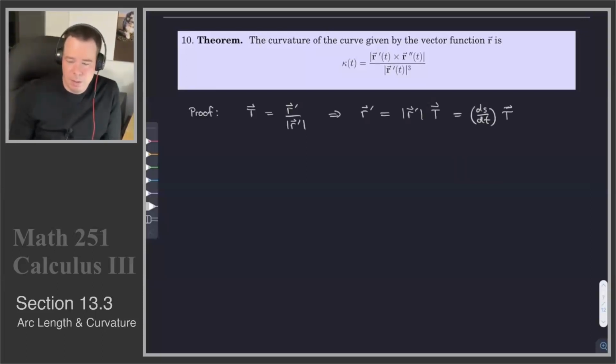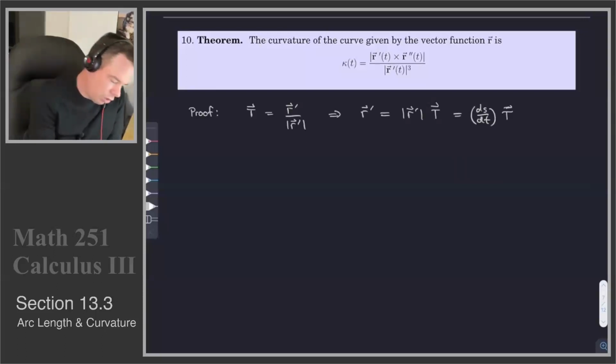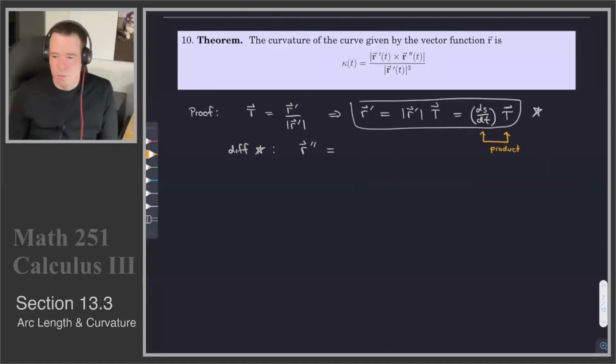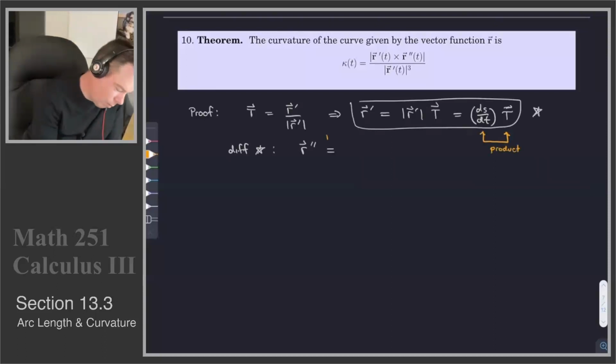My next step is to differentiate this equation. I'll call this equation star. Now we will differentiate star. That gives me r double prime. And that is the derivative of star, a product of two things: ds/dt multiplied by the unit vector T. So I'm going to use the product rule when I differentiate.